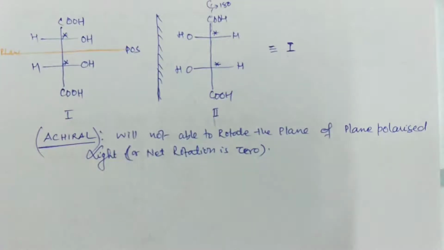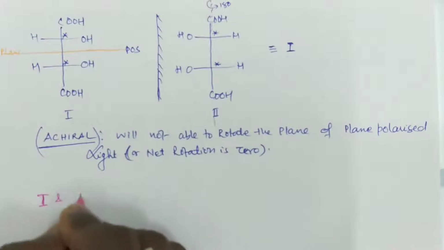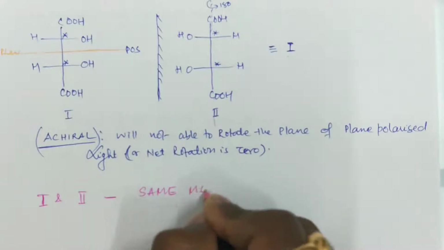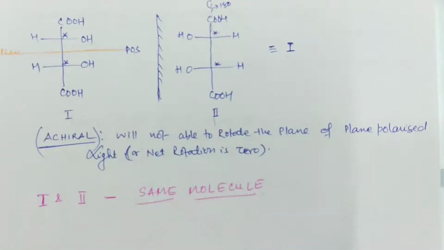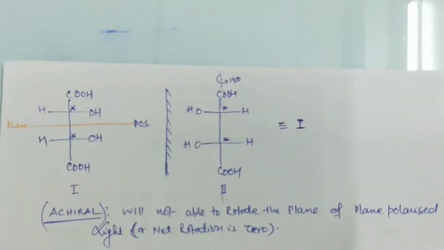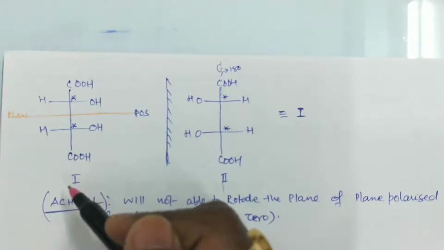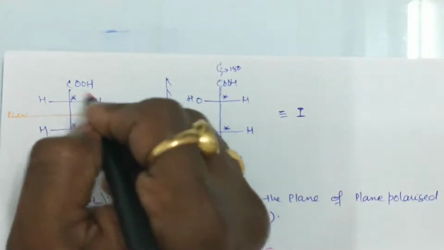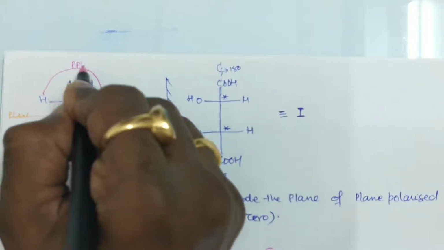So structure number 1 and 2, how are they related? Structure number 1 and 2 are the same molecule, right? If you closely examine this molecule, suppose I am just giving you a theoretical idea: this part of the molecule rotates the plane polarized light plane like this.